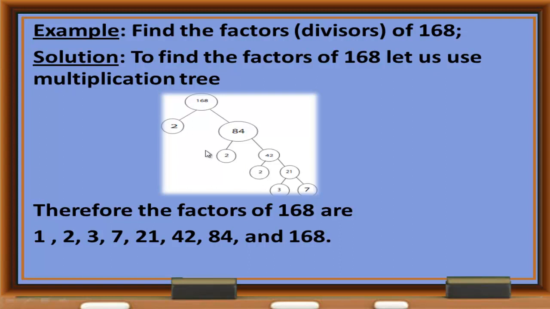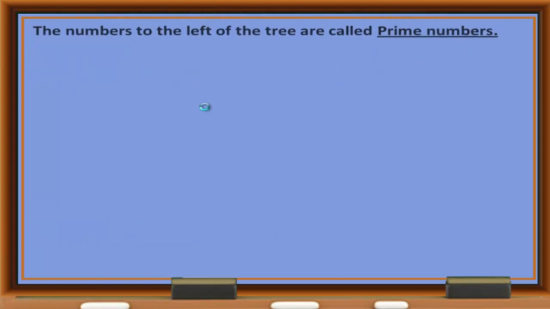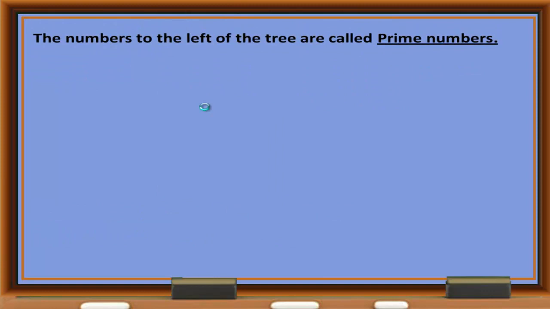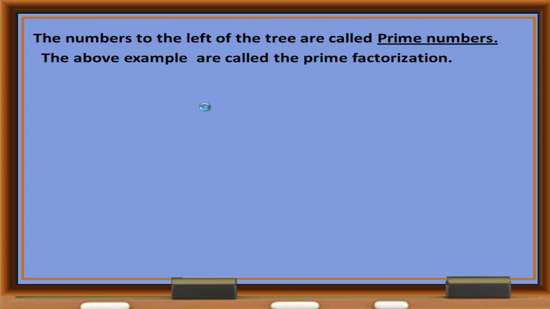You may take 1, 2, from this 2, 2, 3, 7, 21, 42, 84, 168 are factors of 168. The numbers to the left of the tree are called prime factors. The above example is called the prime factorization.